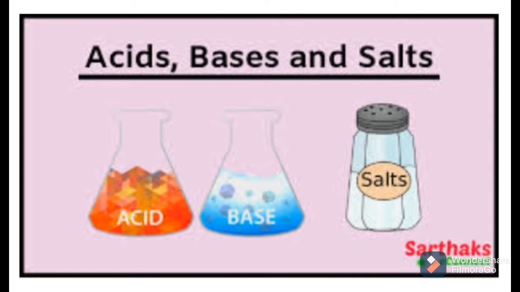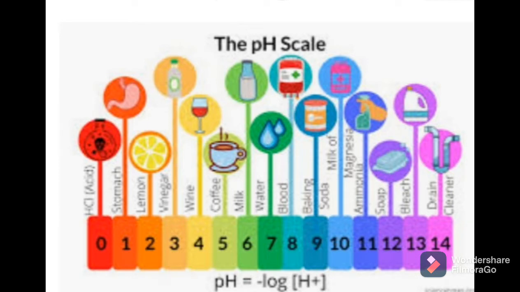So students, now we are going to study an interesting topic, that is the pH scale. We have discussed pH paper and universal indicator. Also we have discussed many types of indicators like litmus, China rose, turmeric, methyl orange, methyl red, phenolphthalein.